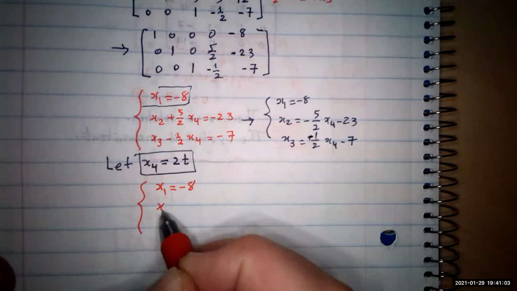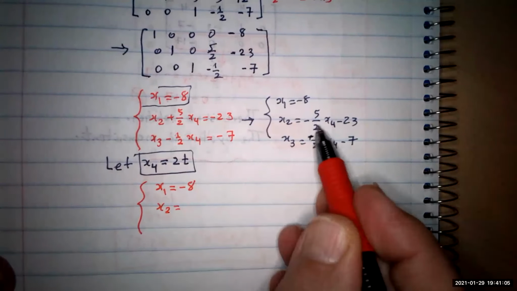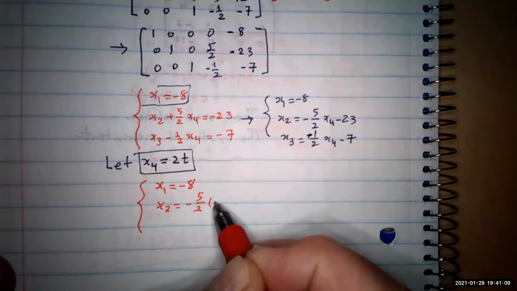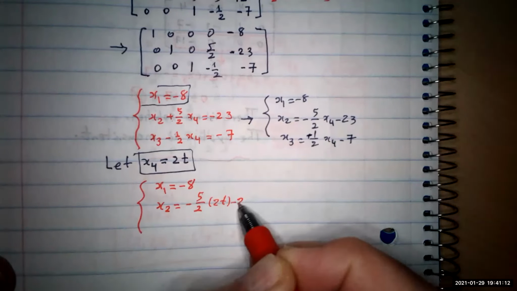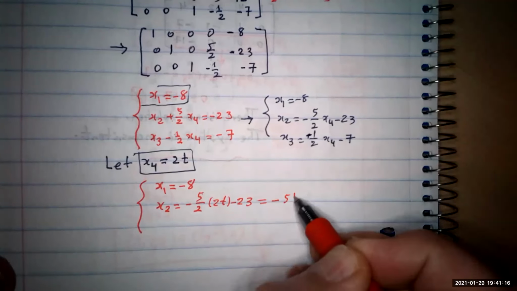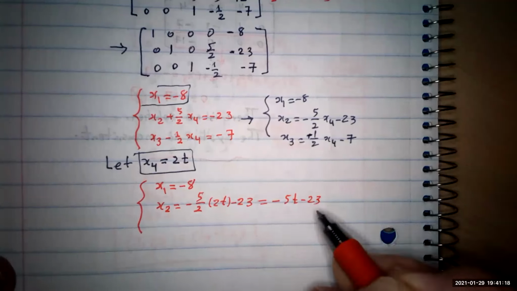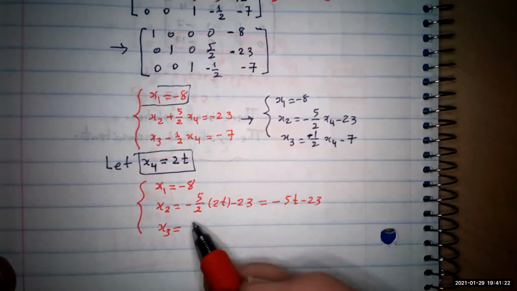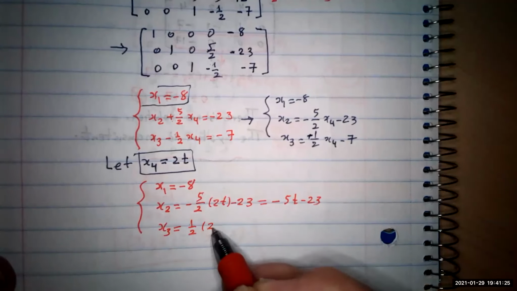So x2 is equal to, you substitute, -5/2 times 2t minus 23. The 2t would be simplified, and we get -5t minus 23. In the case of x3, it is 1/2 times the 2t.